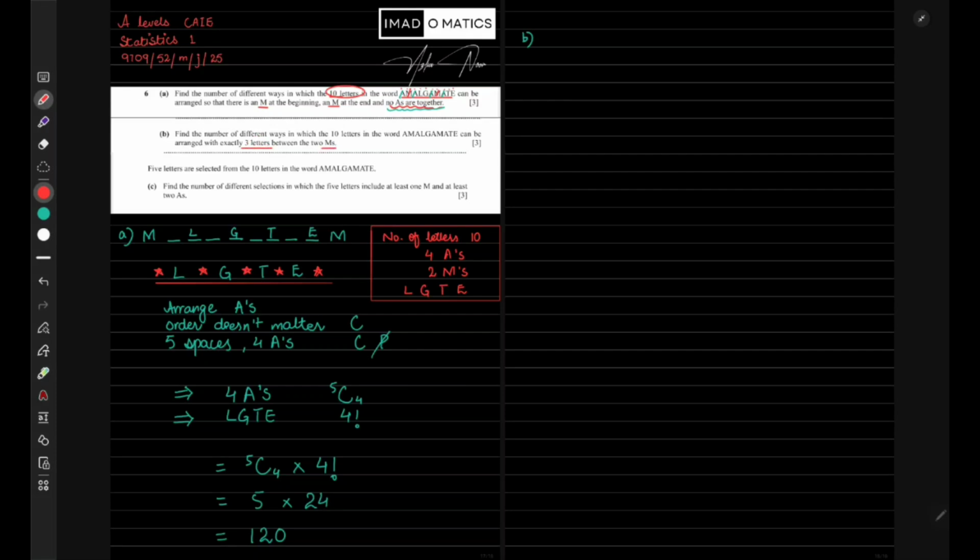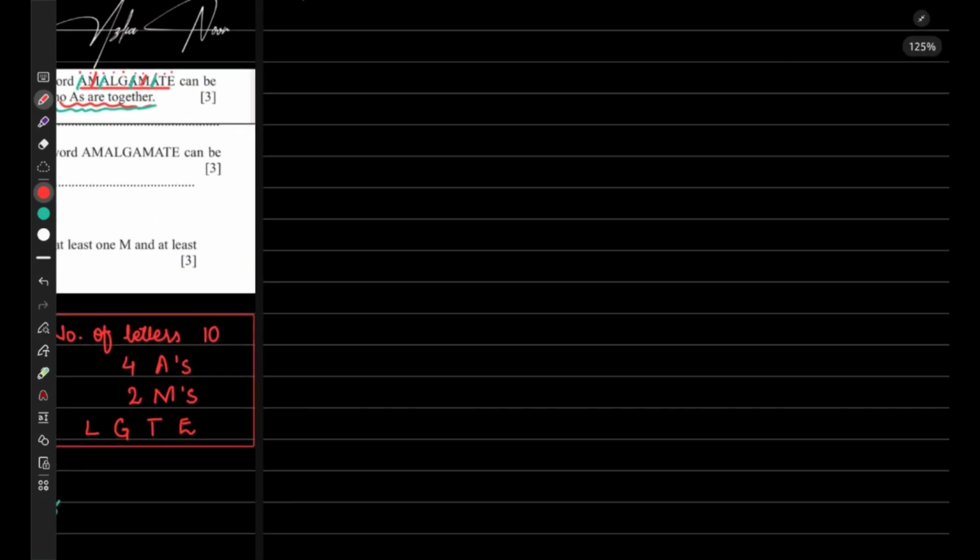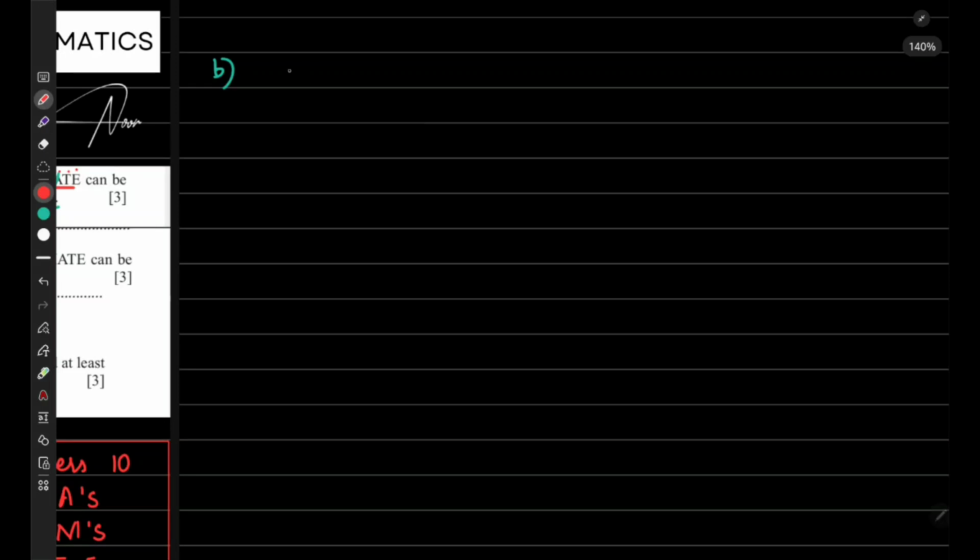To understand this scenario, we will do a manual thing. They are saying the 10 letters of amalgamate can be arranged with 3 letters between two M's. So that means we could have M and M, and there could be 3 spaces, 1, 2, 3. When we have occupied 5 of the total spaces, how many are left? 5. 1, 2, 3, 4, 5.